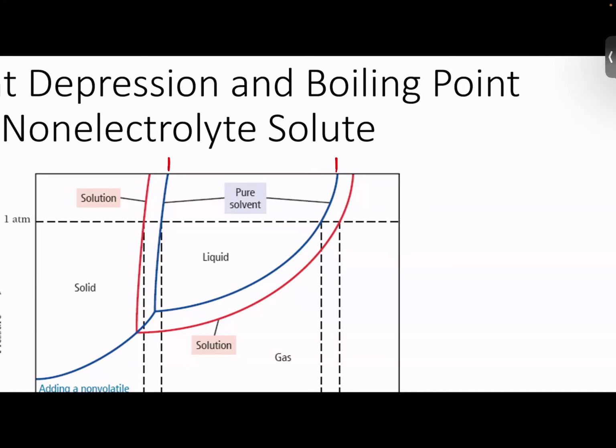The outermost line represents the solution. Specifically, it represents how the introduction of a solute impacted the solvent, because this is all about the solvent. How the introduction of a solute impacted the solvent.